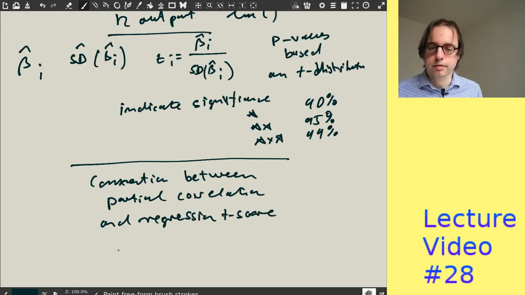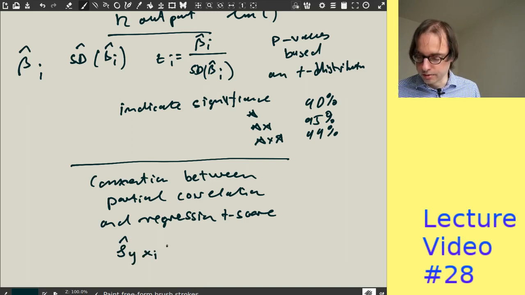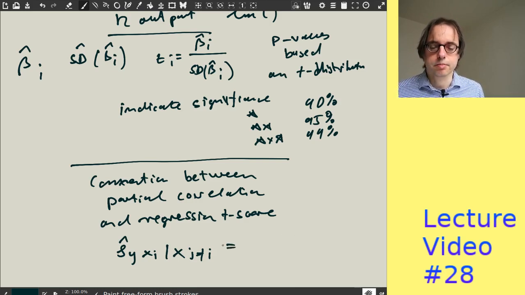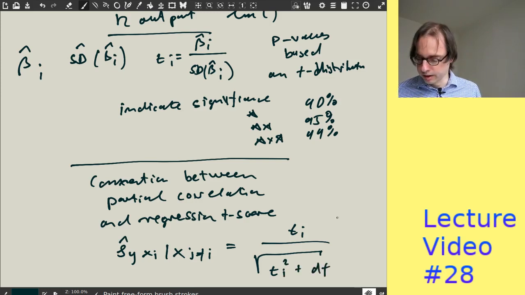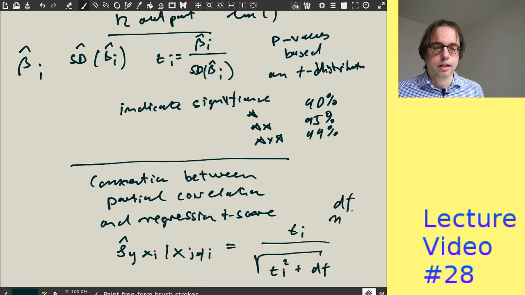So partial correlation is the correlation between y and xi, where you keep everything else constant, or you condition on all xj with j not equal to i, and it turns out that this partial correlation is actually the regression t-score divided by the square root of the t-score squared plus the degrees of freedom, and the degrees of freedom is n minus d minus 1.